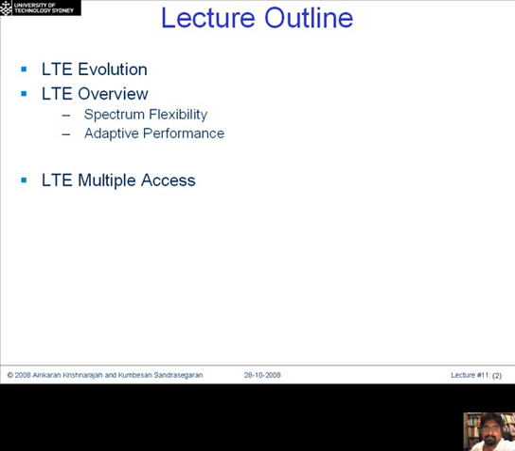Then we're going to look at LTE multiple access, but before that we'll have a look at LTE network architecture. And in multiple access, LTE uses something called OFDMA in the downlink, and it uses something called single carrier FDMA in the uplink. So we'll briefly have a look at these two mechanisms as well.